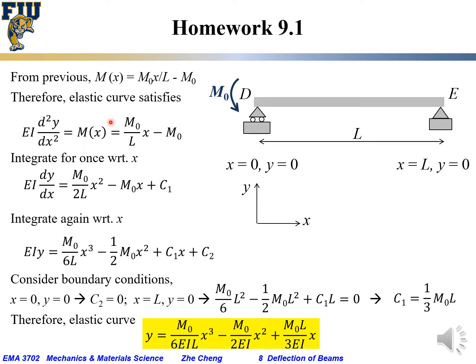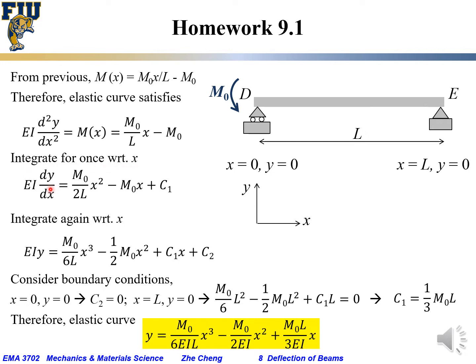And what is Mx? From here it would be M0 divided by total length L times x minus M0. Okay, so this is our ordinary second order differential equation, and of course we would integrate with respect to x.